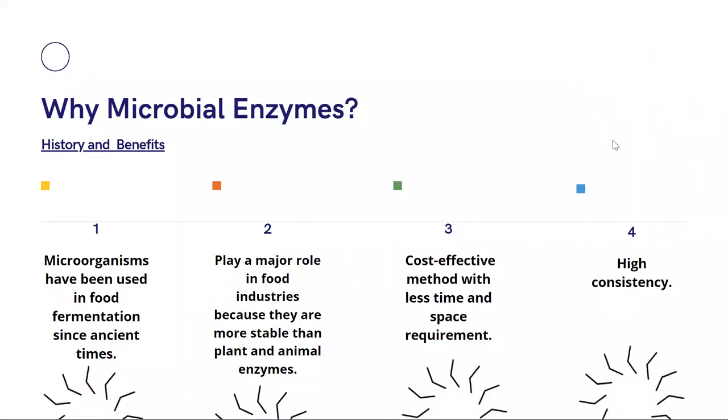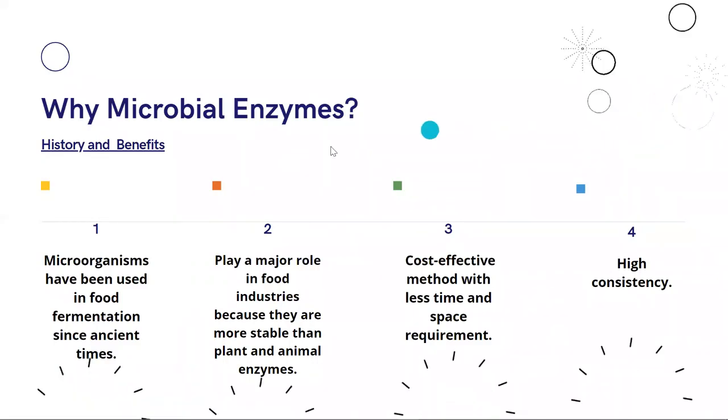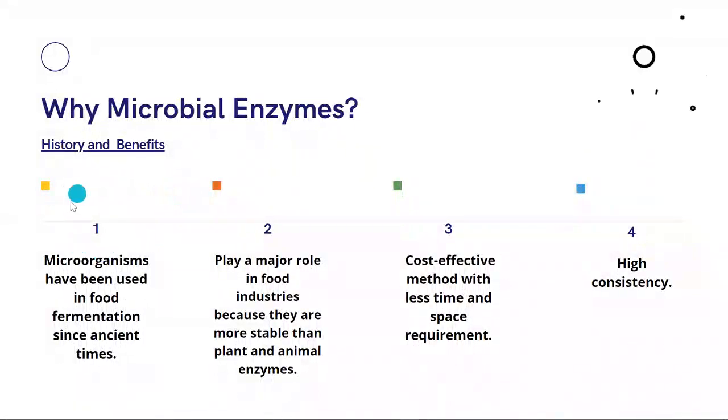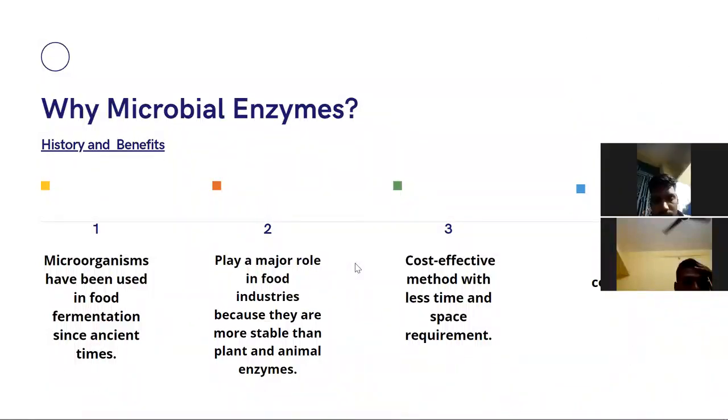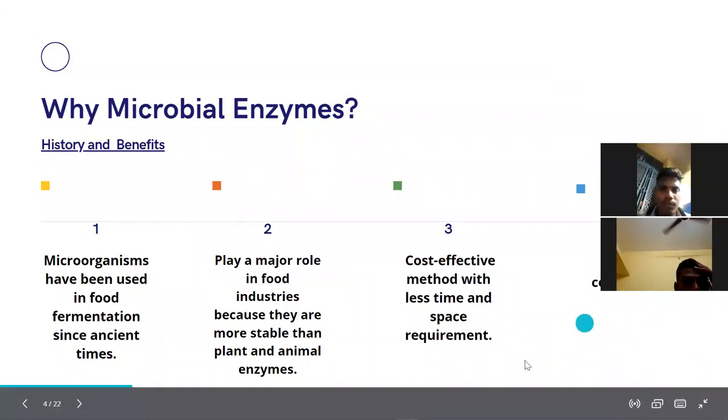So guys, I was saying why microbes are the preferred method. The second point is that they play a major role in the food industry because they are more stable than plant and animal enzymes. As I already said, enzymes can be obtained from animal or plant sources, but the enzymes obtained from microbes are more stable.